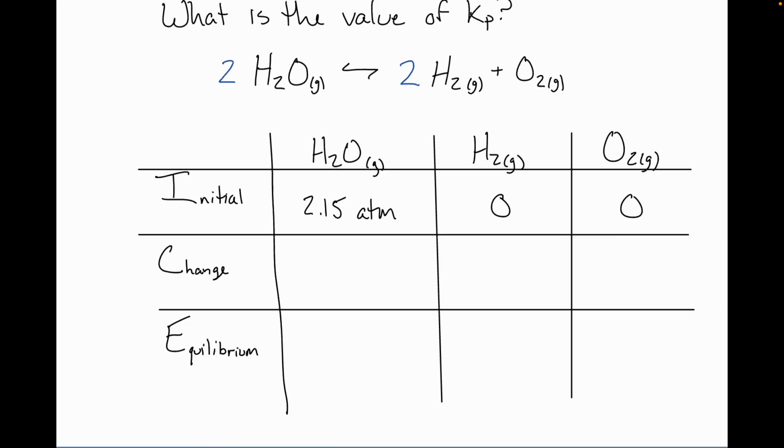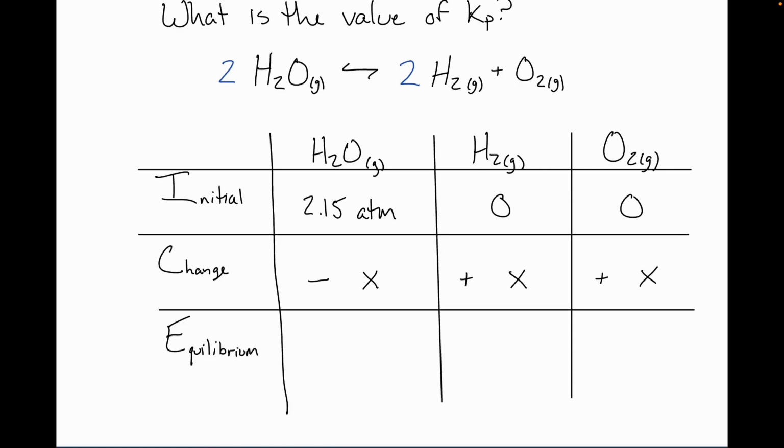So how much of each of these is going to change, we don't know. So we're going to use this variable, okay? We're going to say that our reactant, because it's being consumed, is going to decrease by some variable x, and our products are going to increase by that variable x. Okay?